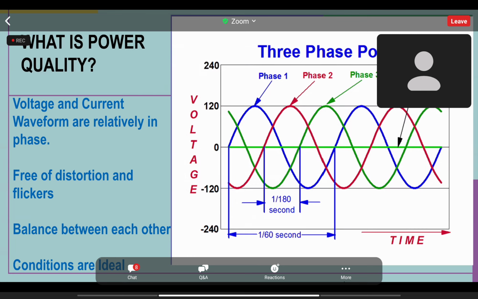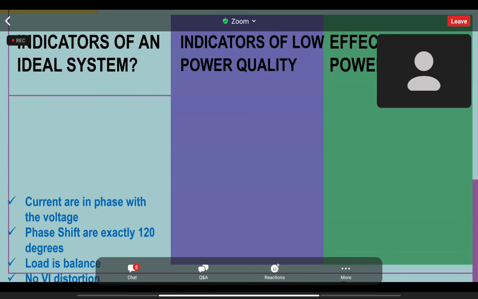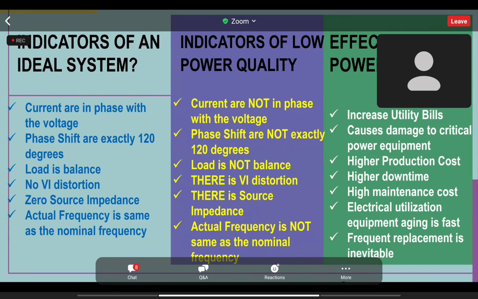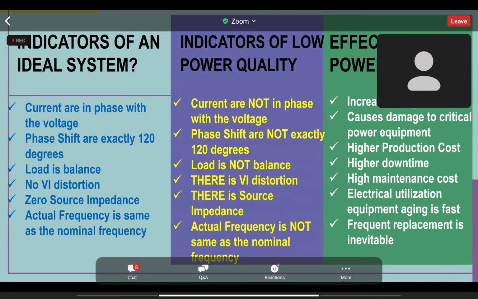Then the frequency is perfectly 60 hertz. And the magnitude of the voltages are perfectly equal. So those are ideal conditions of the power system. Now, since we have a very large system comprising of many loads with different characteristics, those conditions are relatively not ideal. So because of this, we have what's so-called power quality issues or low power quality in our system.